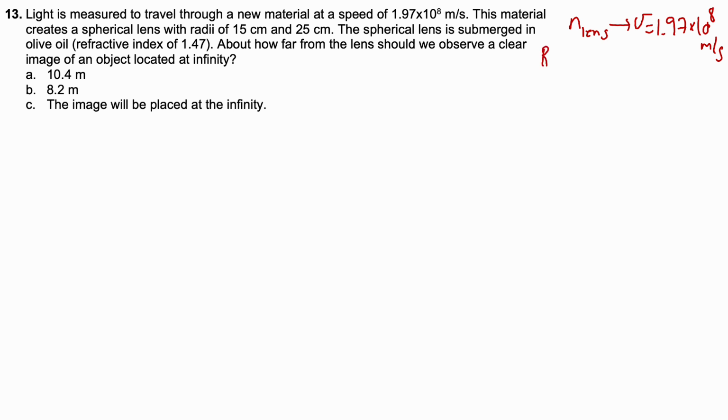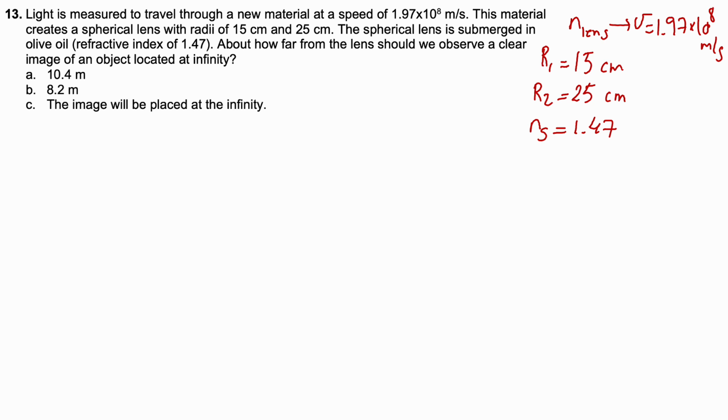The radii are 15 centimeters for the first and 25 centimeters for the second. They tell us that the lens is embedded within olive oil, so the refractive index of the surrounding medium is going to be 1.47.